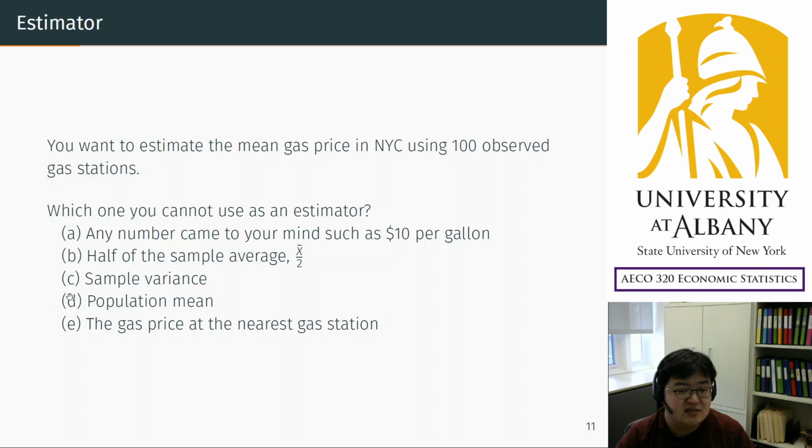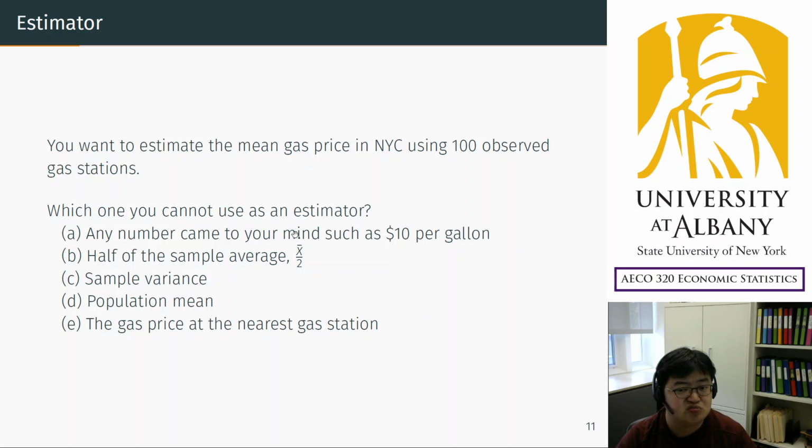D is because the population mean is exactly what we want to know. You cannot calculate the population mean because you do not observe it. It cannot be an estimator. So for example, $10 per gallon, as I said, is unlikely to be correct, but anyhow, you are answering the question. You are giving an answer even if it's wrong. And here, half of the sample average.